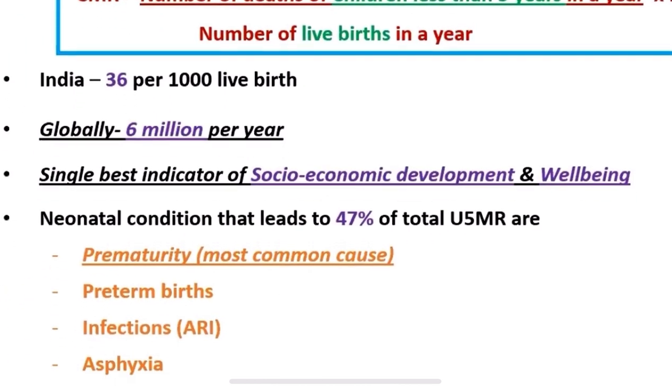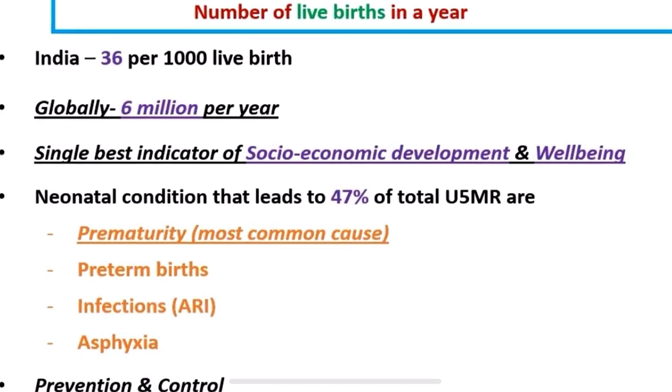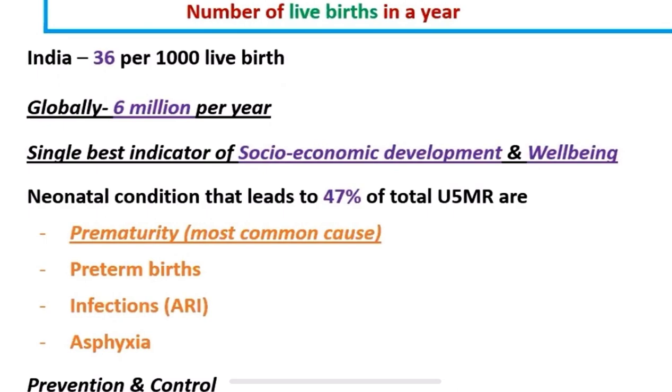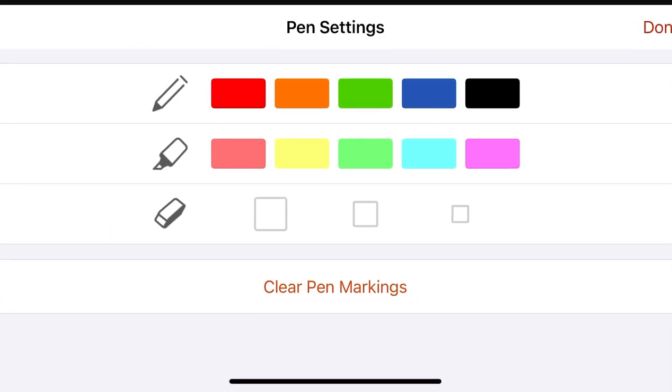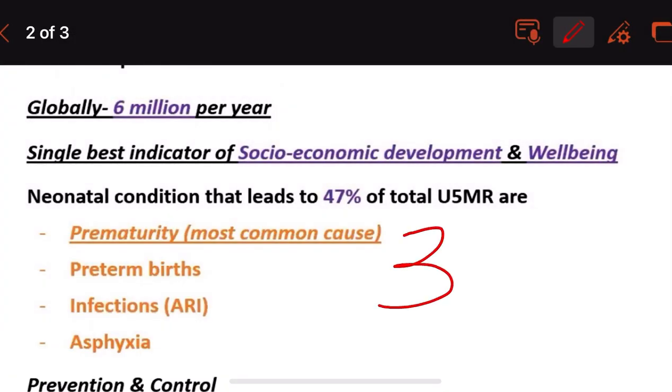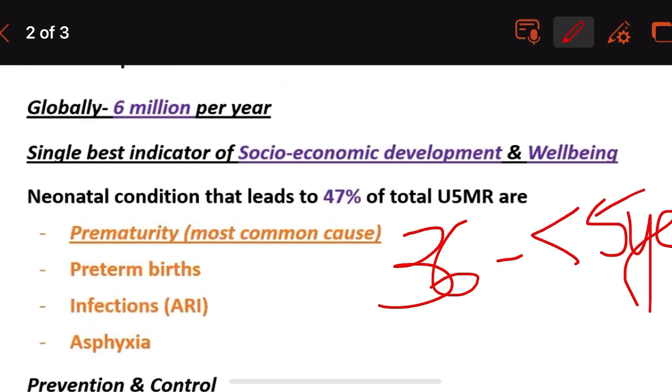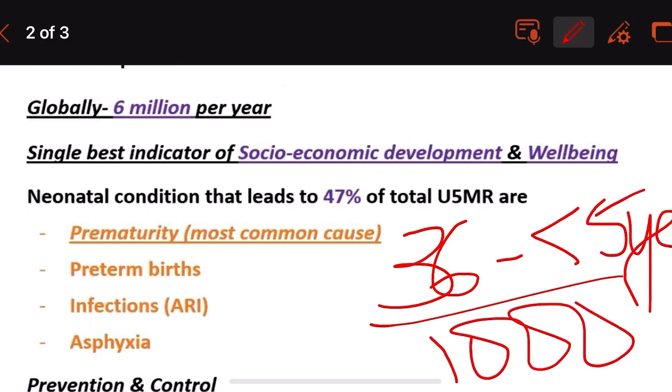In India, there are 36 child deaths per 1000 live births. That means 36 children less than 5 years are dying out of 1000 live births.